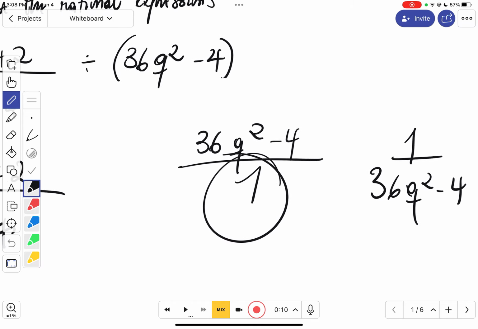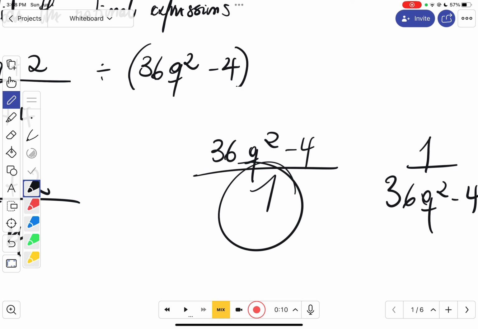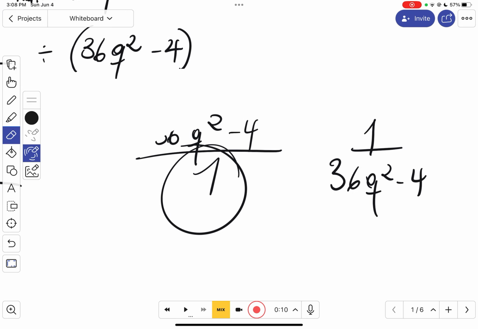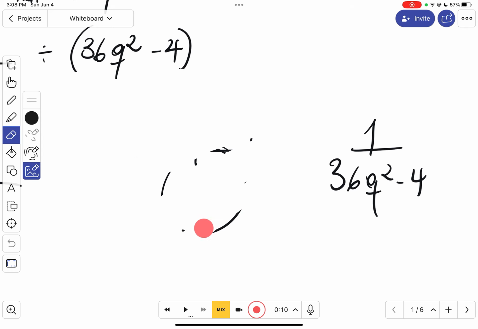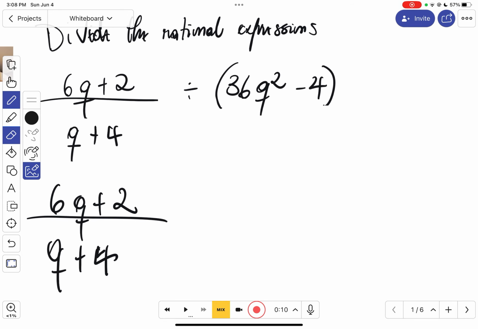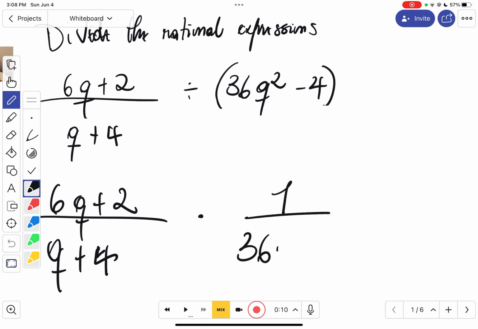So we know it's going to be 1 over 36q squared minus 4. Therefore, we're going to erase everything and keep developing our rational expression and then factorize it. It's going to be multiplied by 1 over 36q squared minus 4.